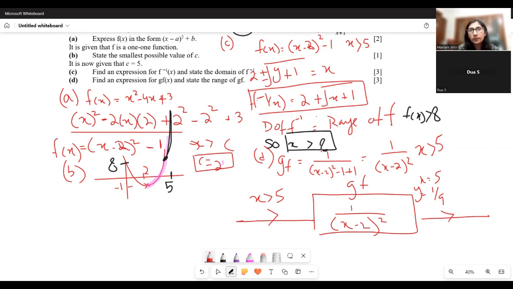However, the fraction can never be smaller than 0 or negative, because there's a whole square in the denominator. So it starts from 1/9, keeps decreasing, and goes towards 0. So the range of gf would be 0 to 1/9. That is the correct answer.